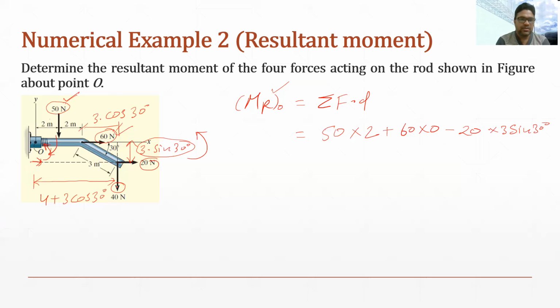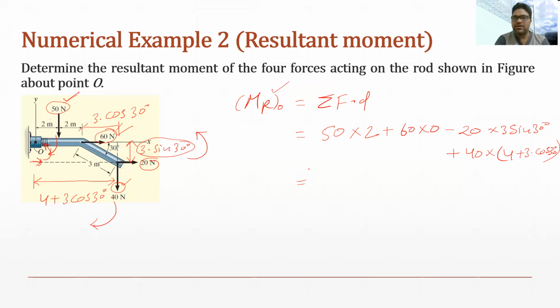Similarly, the next force, 40, is downward. This downward force will rotate clockwise about point O. So it would be plus 40 into the distance, which is 4 plus 3 cos 30. So that is the algebraic sum.